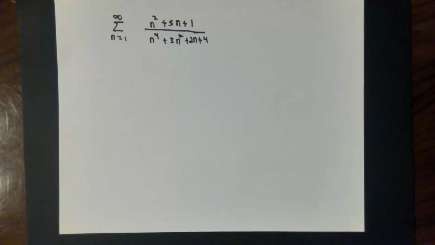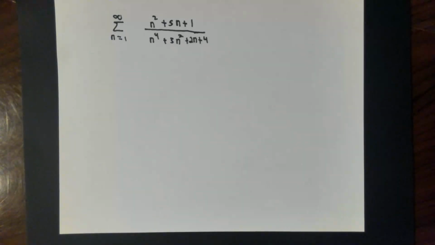As an example of how you use this kind of thing, I want to think about the sum n equal 1 to infinity of n squared plus 5n plus 1 over n to the fourth plus 3n squared plus 2n plus 4. Here's the idea. I'm going to think about how this acts, roughly speaking, when the index n is extremely large.